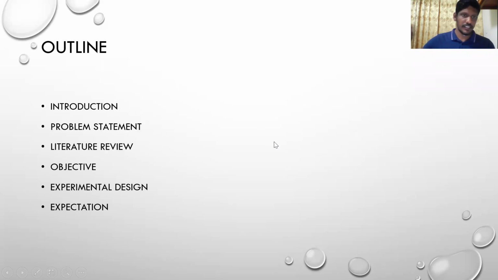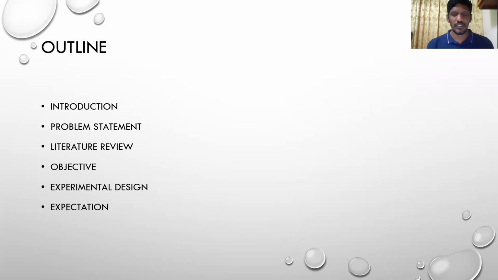This is the outline of my presentation. I will begin with the introduction, where I will talk about the edible oil and the misuse, the types of misuse using edible oils, as well as the available analytical methods to distinguish good and bad edible oil. The second is the problem statement.